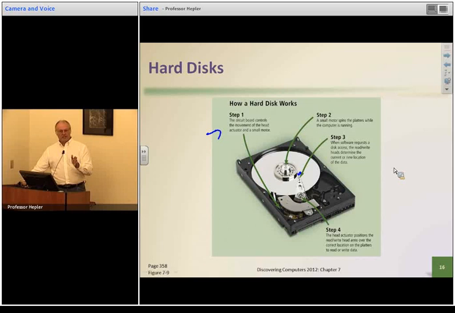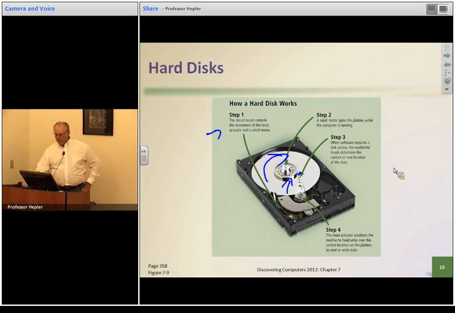So it has to sit there on that ring and wait until the address it's looking for comes around, because the disk is constantly rotating, but the head only goes in and out. The head only goes this way, the disk goes this way. So the head goes to the right track and waits till it reads the proper sector, and then it retrieves the information from there, or writes it, depending on what it's doing.